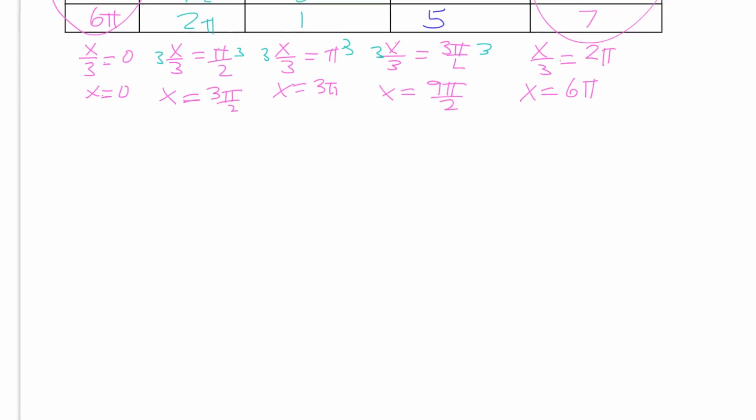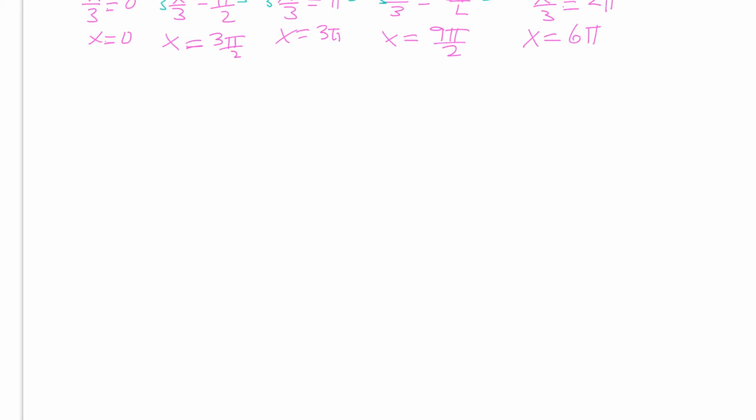So let's go and get that graphed. On our x-axis, we're starting at 0, and then we're going up by 3 pi over 2. So 3 pi over 2, then we get to 3 pi, and then 9 pi over 2, which then brings us to 6 pi. And remember, we need 2 full periods, so we're going to add on 4 more tick marks.